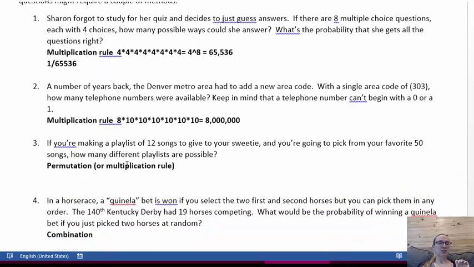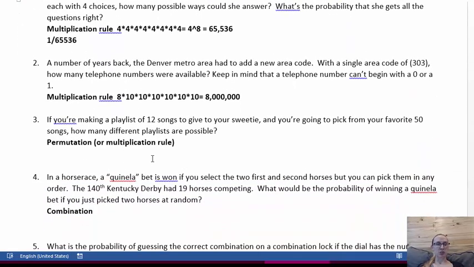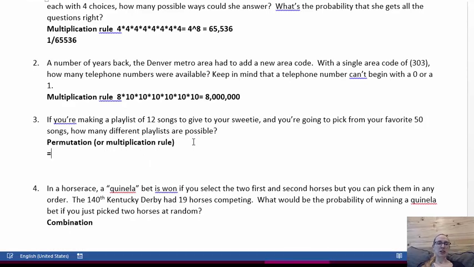Okay, going back up, we need to answer these other ones that weren't multiplication rules. So for example, number 3, the permutation, we can compute this in Excel. I'm going to use that permutation function. We just have to decide what is the n and what is the r. So what's the pool of possibilities that I'm selecting from, that large number n, and then how many things am I selecting, the r.